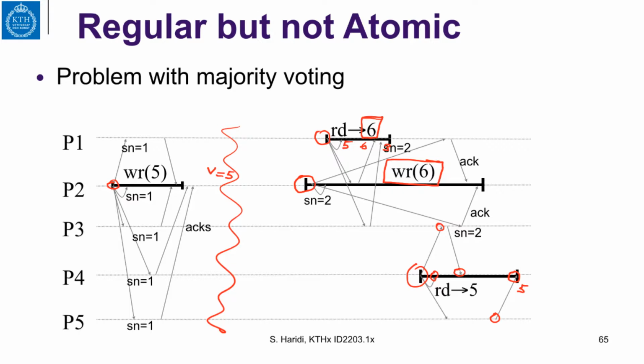Therefore, it will return the value 5. So this is the situation. So the algorithm as it is written now is not atomic.